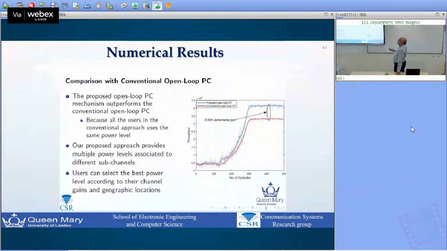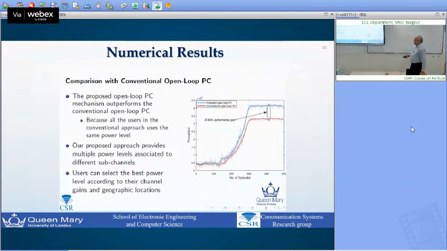Because of that, the performance is better than the conventional open loop power control, which means a fixed power level for all users, not dynamically selecting the power level. Here each user can select the best power level according to the channel gain and geographic location. In that way, we can improve the performance compared to fixed power control.